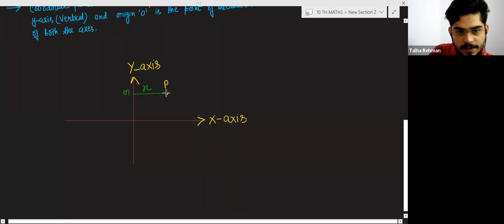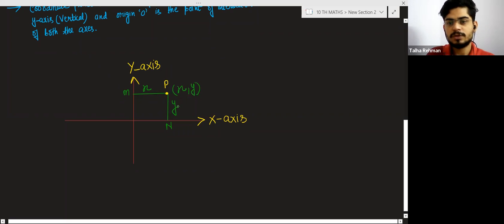And from this point P, I am drawing a perpendicular on the x-axis, and this is PN, and this distance is y. So the coordinate of point P will be x comma y. You have already studied this thing in the 9th class. I am just telling you this again.